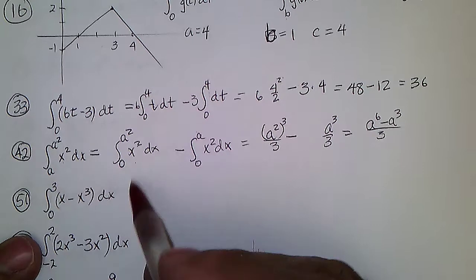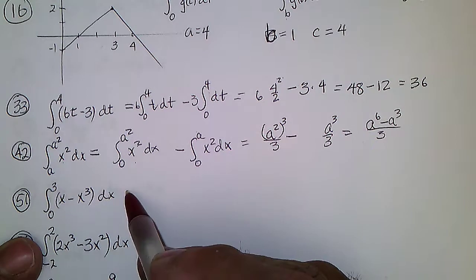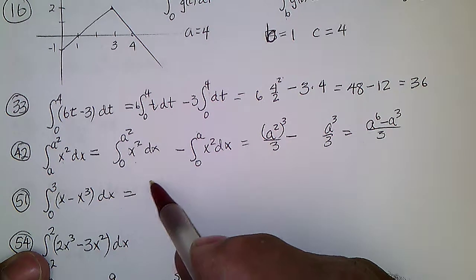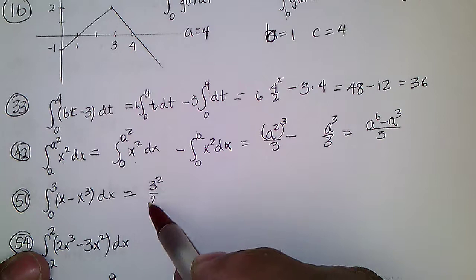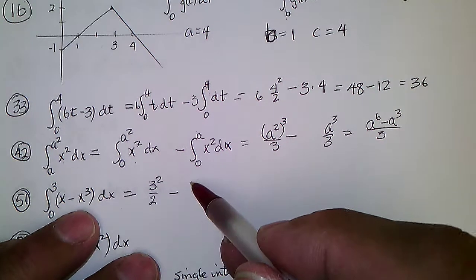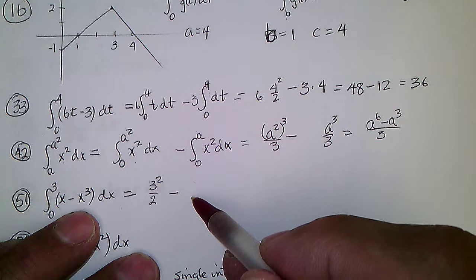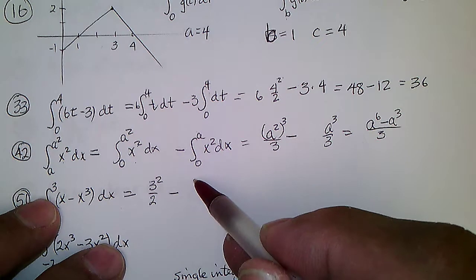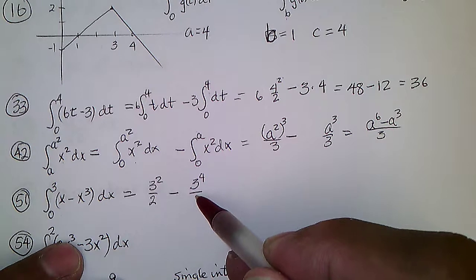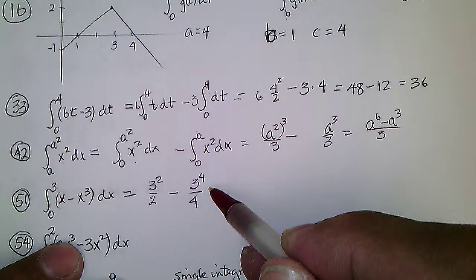On this one, splitting it up again, x goes to x squared over 2, so it'd be 3 squared over 2 minus, and this goes to x to the fourth over 4, and the x is 3, so it's 3 to the fourth over 4.